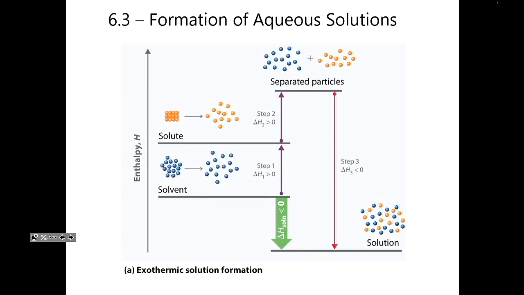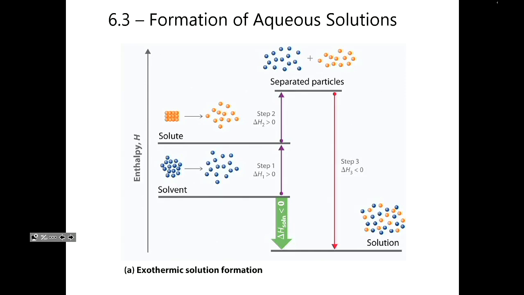These particles need to separate. Here they're illustrating it as a solid solute. Particles are very tightly tied to each other. To separate those particles, some type of energy needs to be absorbed. So there's a delta H from solvent separation, there's a delta H from solute separation. Both are positive.